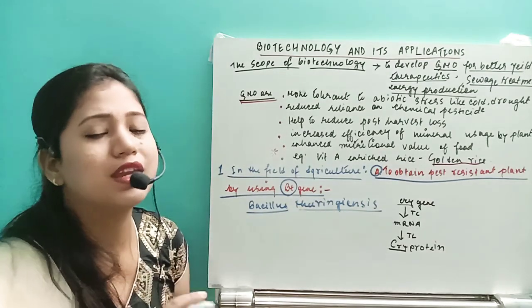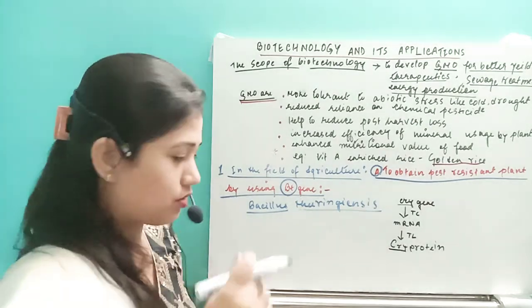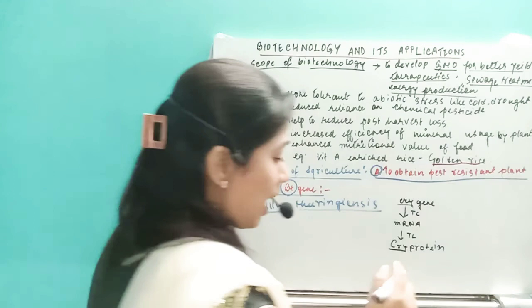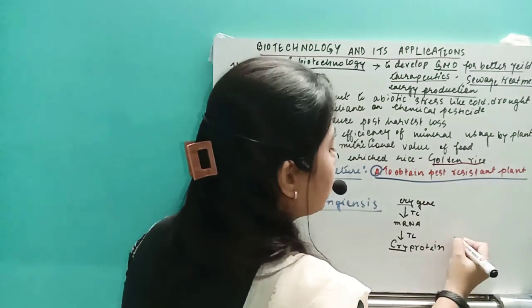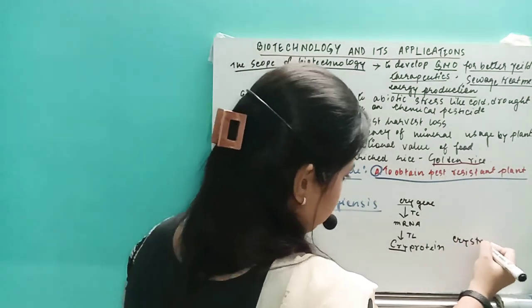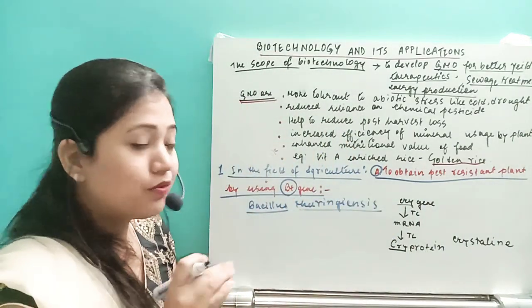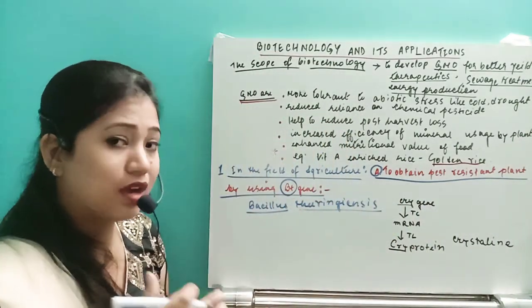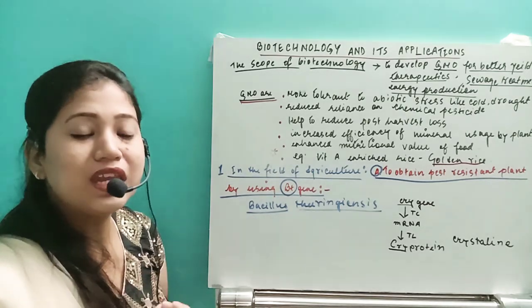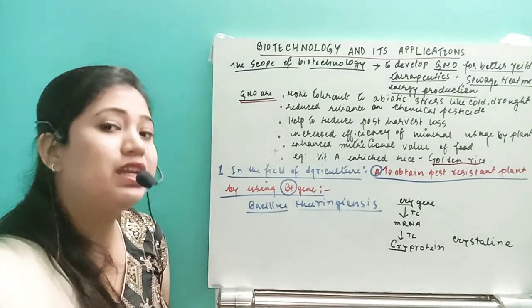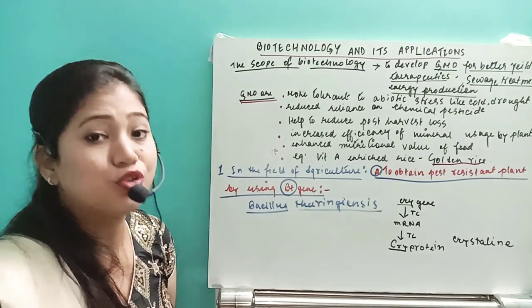which has one very interesting character. What is that? This cry protein is actually a crystalline protein. Okay, it is normally a crystalline protein. But whenever this crystalline cry protein goes to any alkaline medium, it gets dissolved and it becomes toxic.